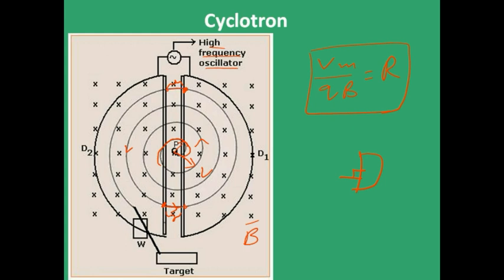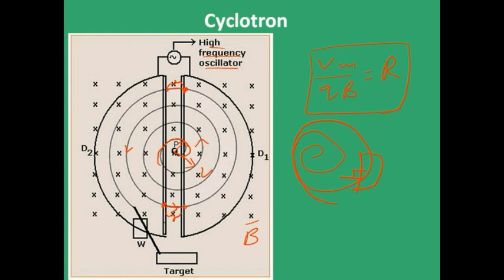Again, the velocity of the particle increases and the energy increases. So the radius of its subsequent circular motion also increases. That's why you see that the entire path is something like this. It is increasing in radius, approximately a spiral.